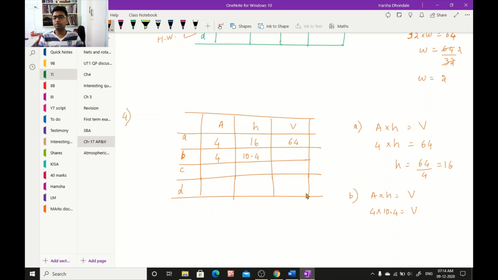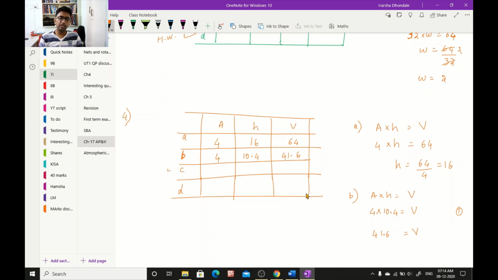What is 4 into 10.4? 4 fours are 16, 1 carry, 4 zeros are 0, take that one, 4 ones are 4, 416. So you get a point here. So volume equals 41.6. That's it. This is how you solve this tabular column.